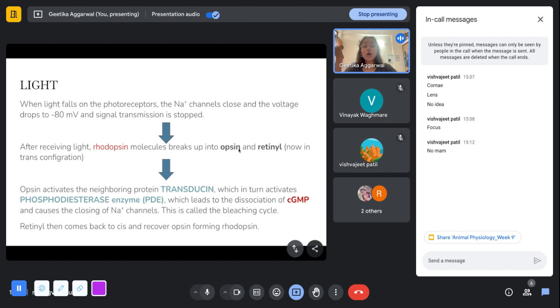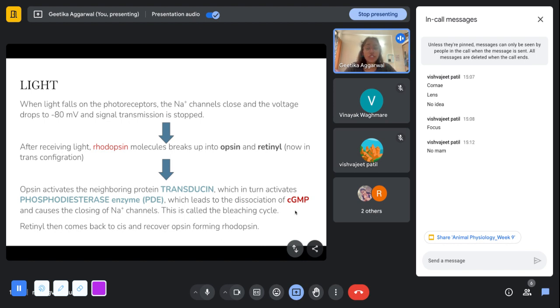The opsin goes and activates a neighboring protein called transducin. Transducin in turn activates a protein called phosphodiesterase enzyme. And phosphodiesterase goes and dissociates the cyclic GMP from the sodium channel. This leads to the closing of these ligand bound channels. So these sodium channels close up, and that is how the signal transmission is stopped.